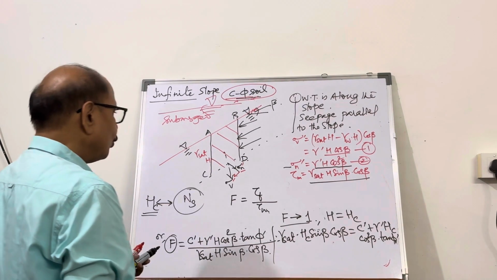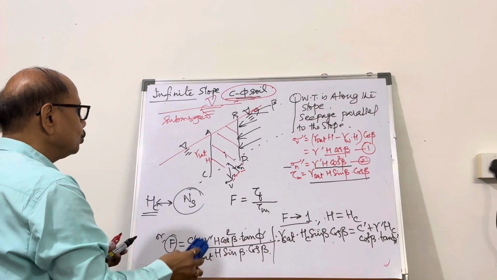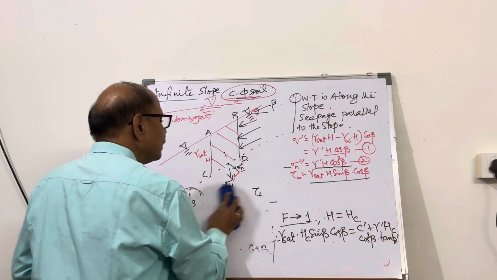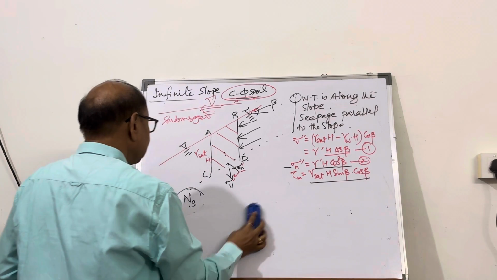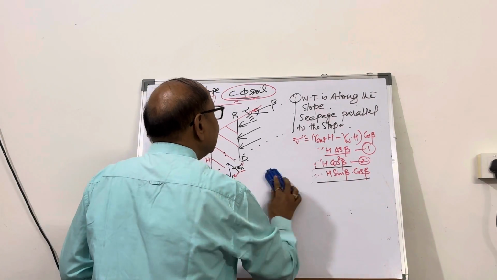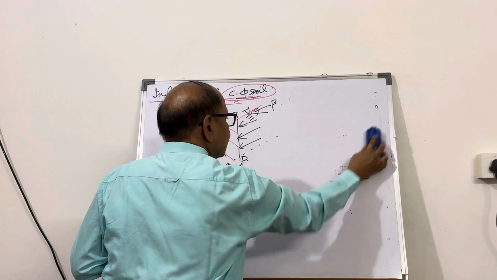So I hope I have been able to explain most of the things in a particular format and with all clarity. This will help you in further understanding and solving the problems.